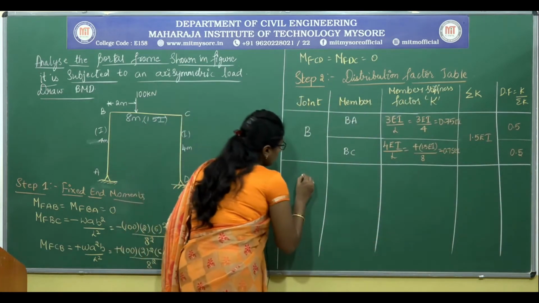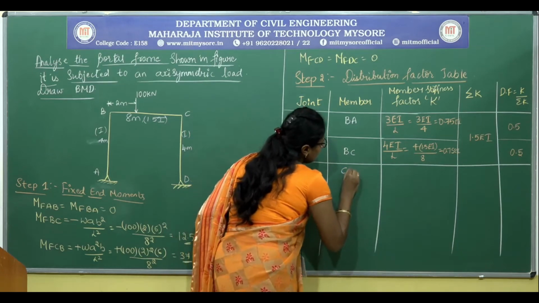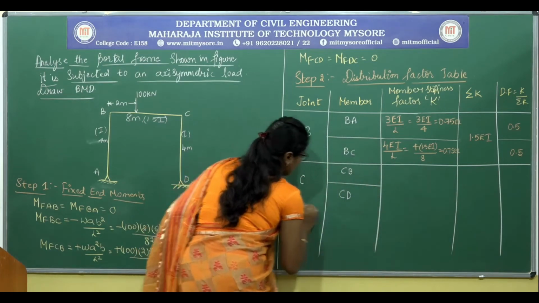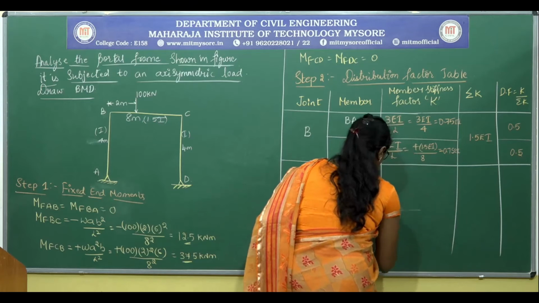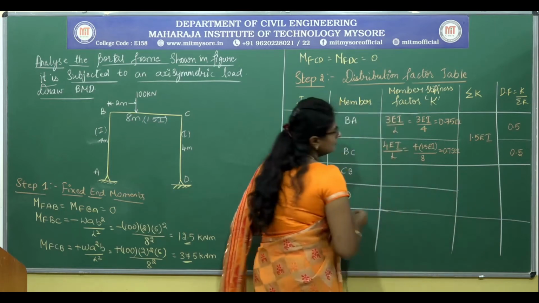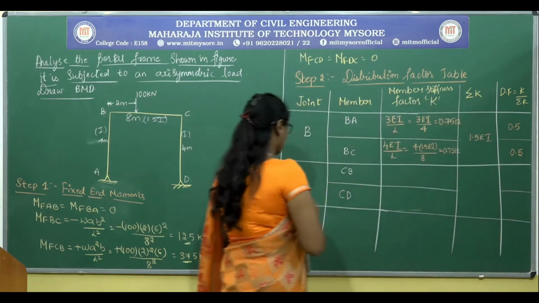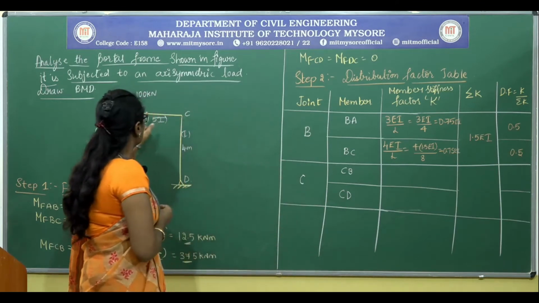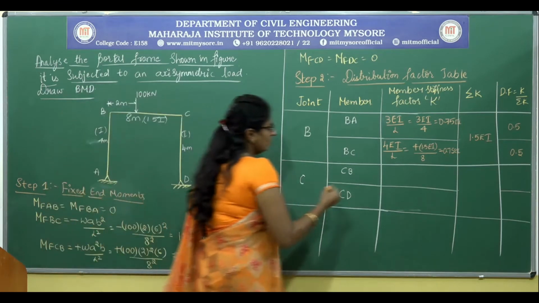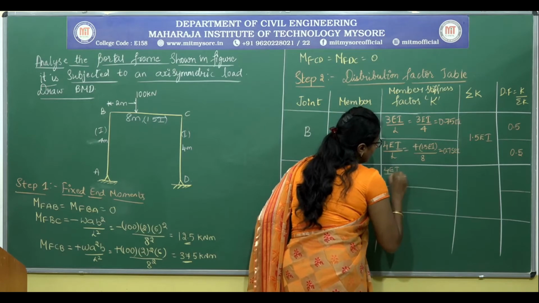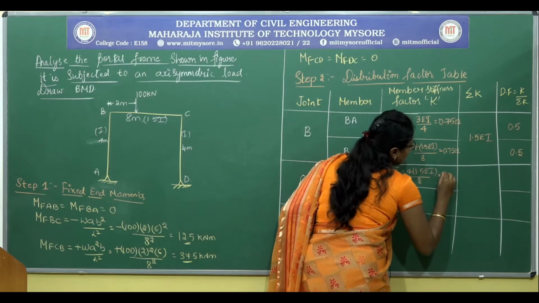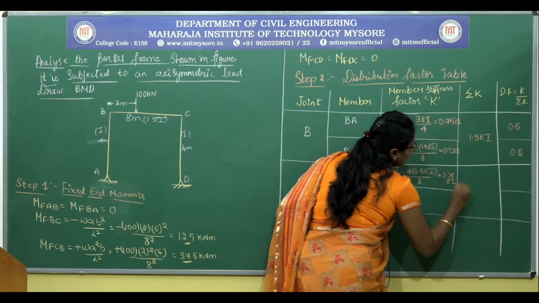Next, for joint C, the members are CB and CD. For CB, C is the near end, B is the far end. Since we consider the far end B as fixed, it is 4 EI by L, 4 into 1.5 EI divided by the length 8. This will again give you 0.75 EI.